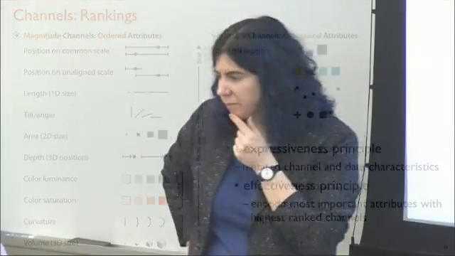Integral means that the two characteristics are perceived more integrally by the human brain, such as X position and Y position, and lightness and saturation. Separable means, for example, size and color. These are two different encodings, and when people perceive them, they tend to be separable. So, once again, what are your insights on that?